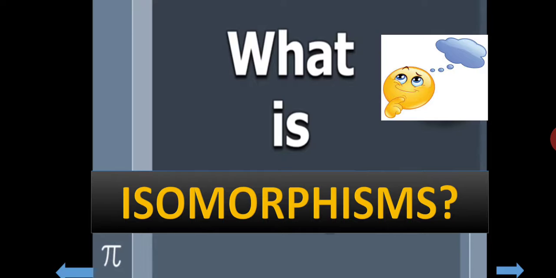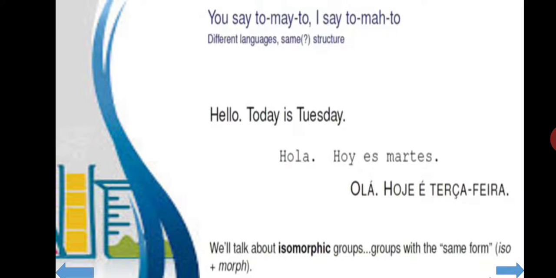Next, what is an isomorphism? To introduce the idea of an isomorphism, I want to remind you that sometimes we mean to say the same thing, but we end up using different language.